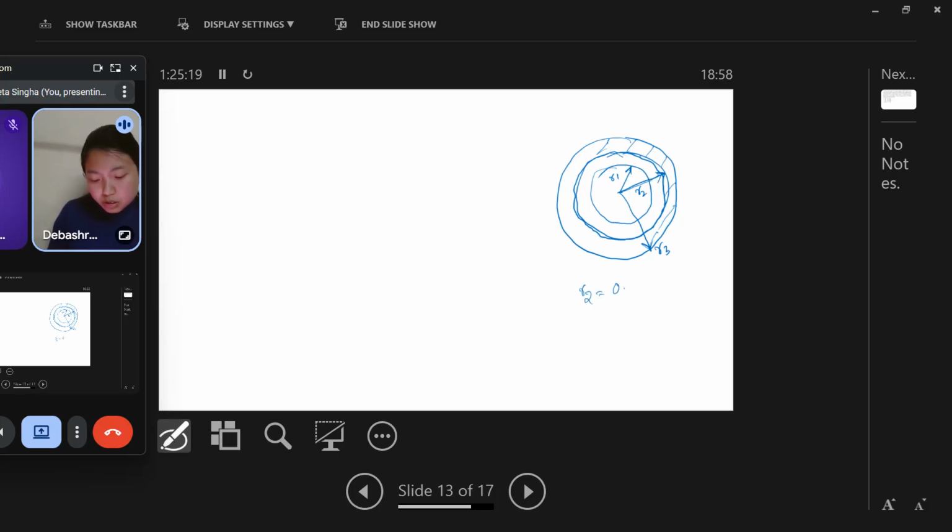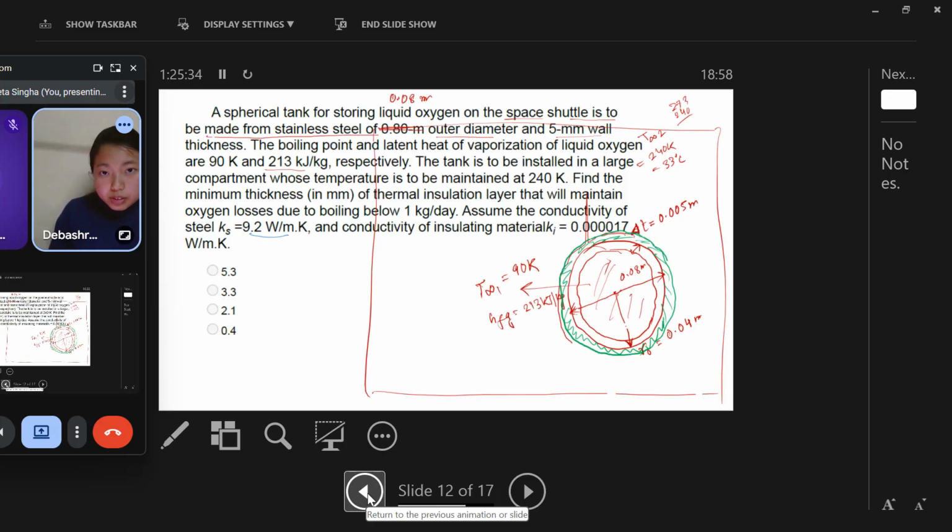So this spherical tank has a radius that is already given. R2 is 0.04 meter, and the thickness of this spherical tank is also given. How much was it? Thickness was given to be 5 millimeter, 0.005 meter.